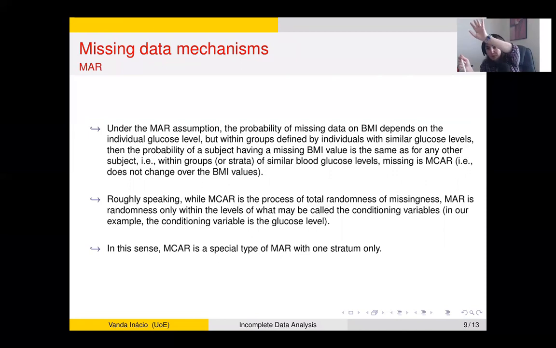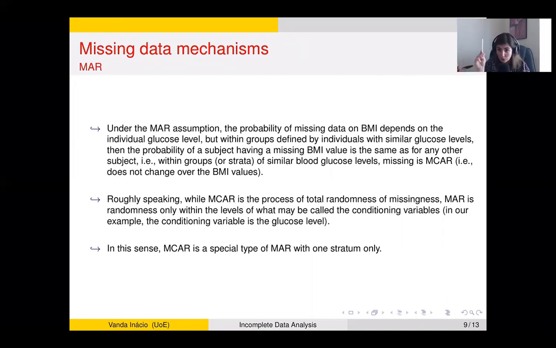within these groups formed by individuals whose glucose levels fall in the same range, the probability that an individual will have a missing BMI value is the same as for any other individual in that group. So within these groups formed by individuals with similar blood glucose levels, the missing data on BMI is missing completely at random, but only after we condition on the glucose levels.